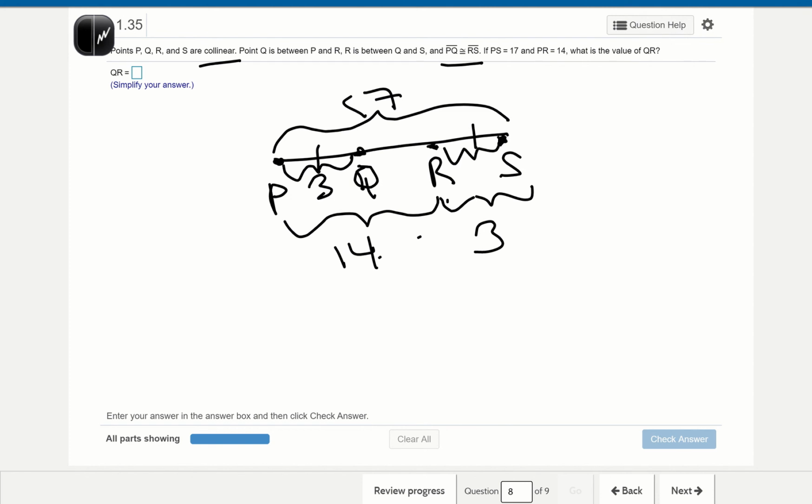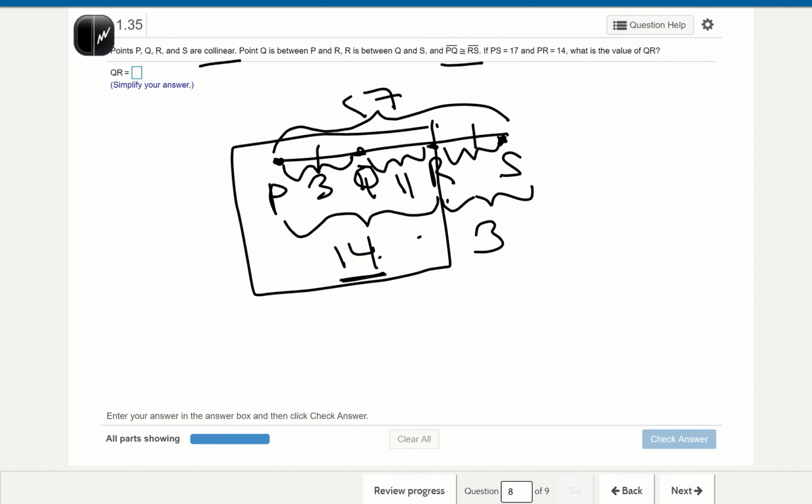And so if we just focus on this part right here, that line segment, we know that entire thing is worth 14, and we know the little chunk there is 3. And so we can find this other little chunk here, which is going to be 11. And so 3 plus 11 is 14.